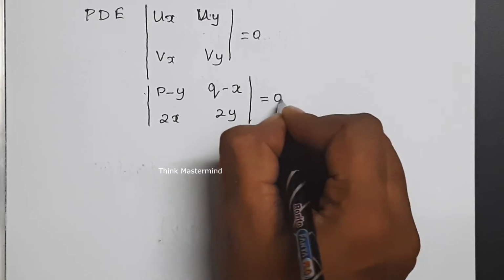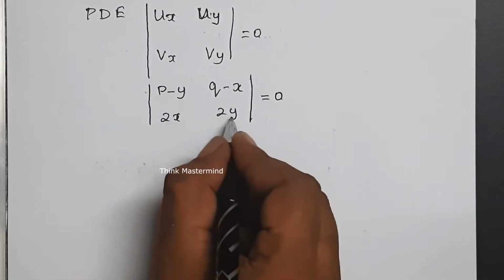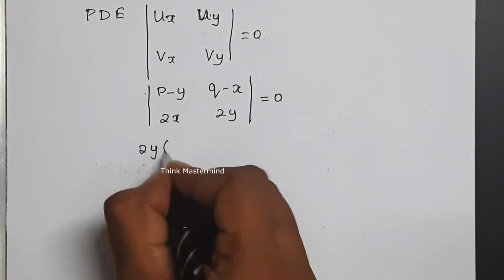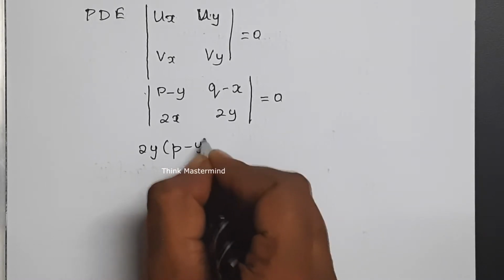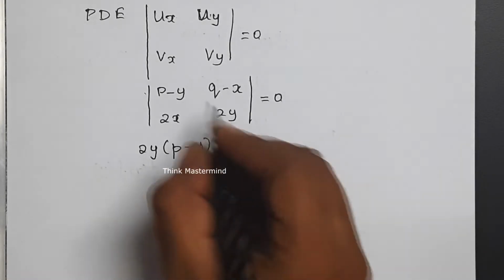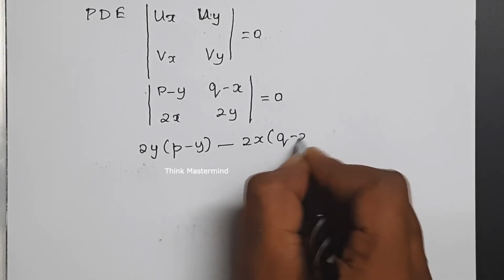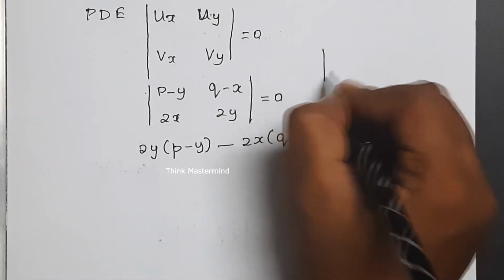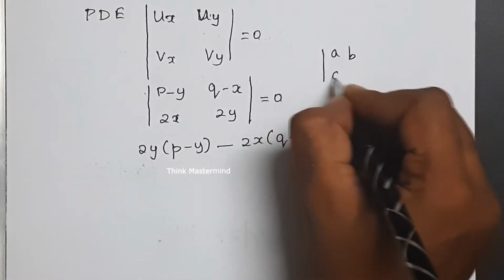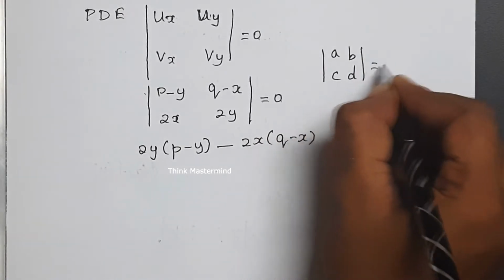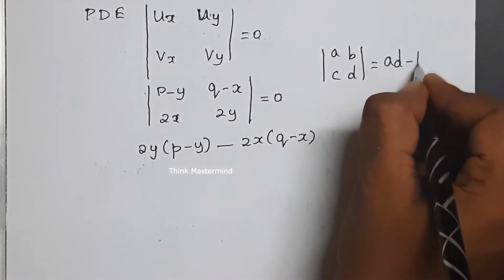Simplifying this equation, we know that the determinant of a, b, c, d is equal to ad minus bc.